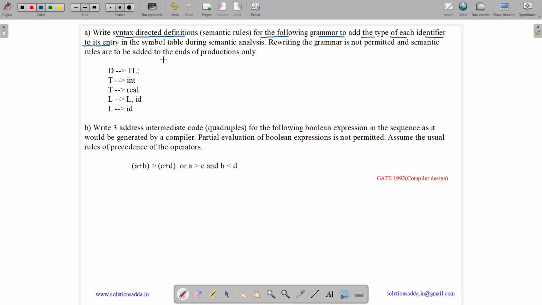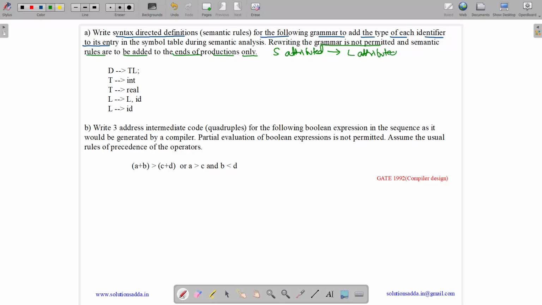Rewriting the grammar is not permitted and semantic rules are to be added to the ends of production only. Okay. So see carefully this statement. What this is saying? Rewriting is not allowed, which means we have to use the same grammar and semantic rules are to be added to the ends of production only. So what it means? This means that this is an S attributed grammar. Okay. And S attributed is a subset of L attributed. Thus it is also an L attributed grammar.